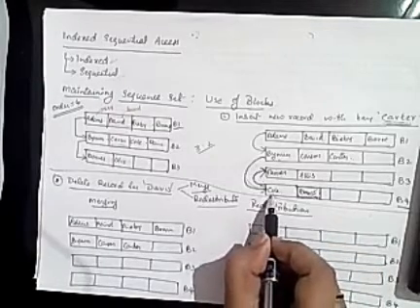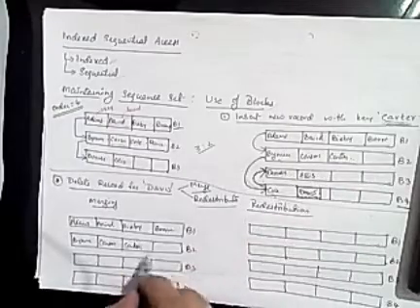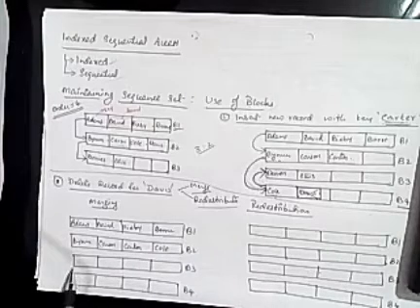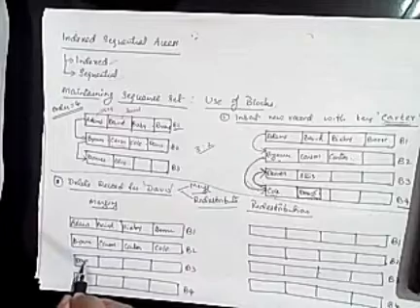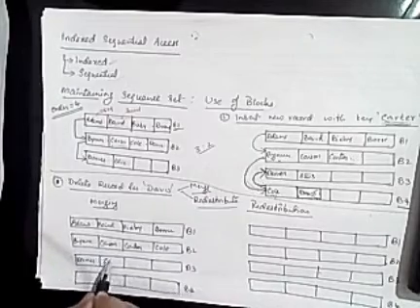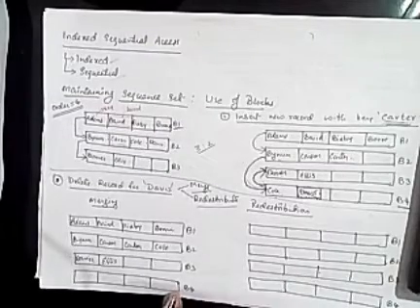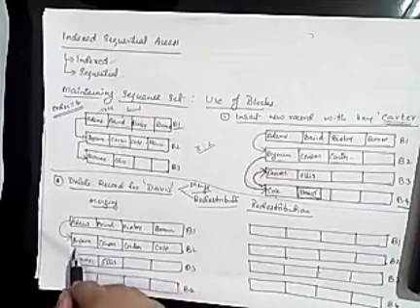Cole I am going to merge with B2, so I will write it like this, Cole. And in B3, Ellis as it is. So B4 will be reused for some other purpose. We can connect it like this.